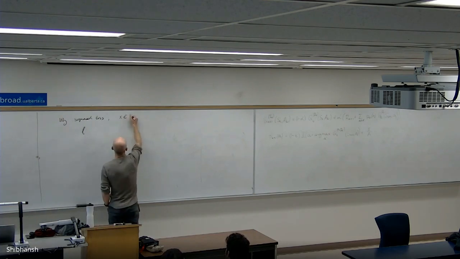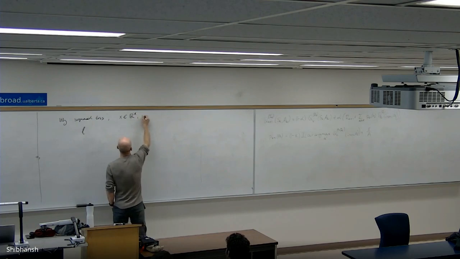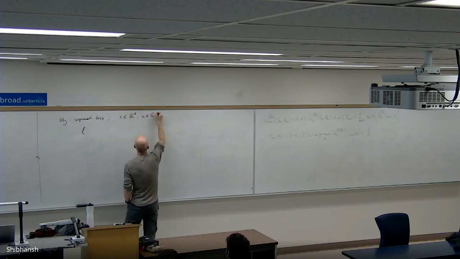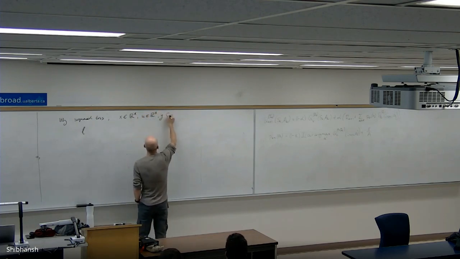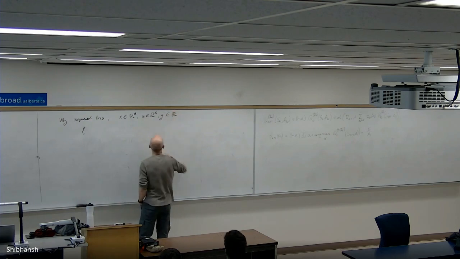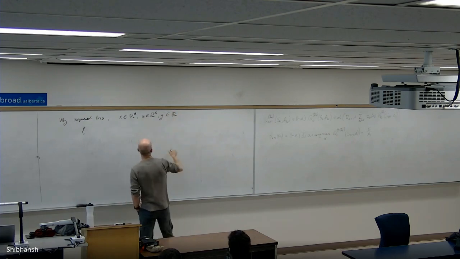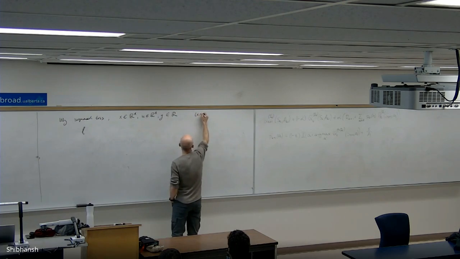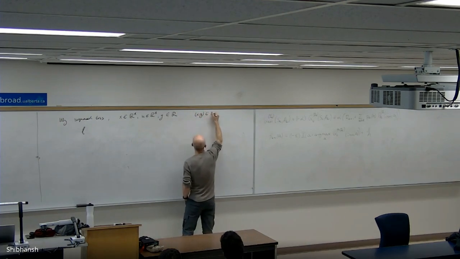We have features which are d-dimensional, weights which are d-dimensional, and we're going to have responses. So one data point just looks like this. It's a pair of x and y. It's kind of supervised learning.